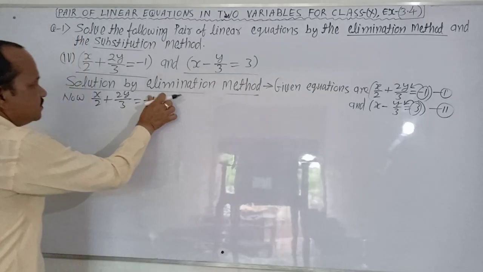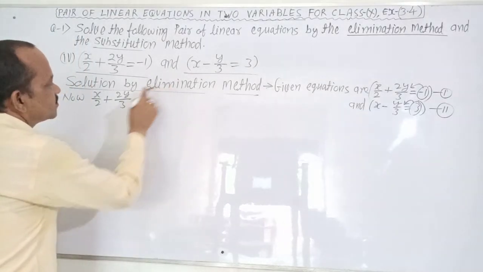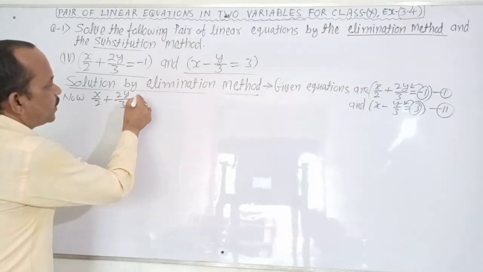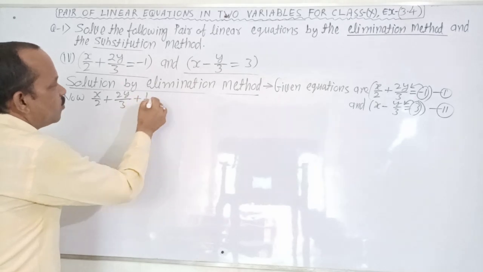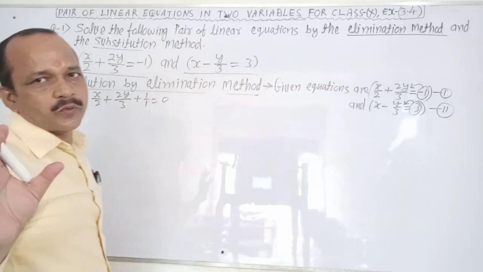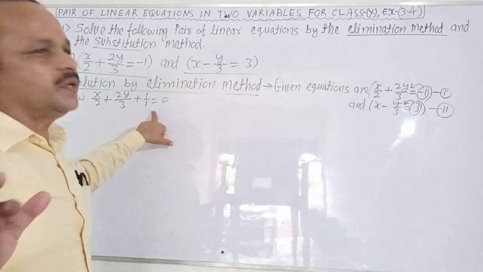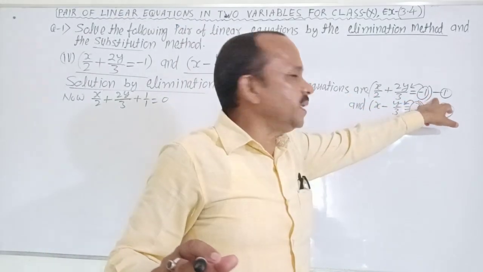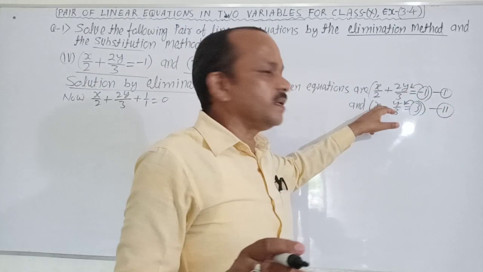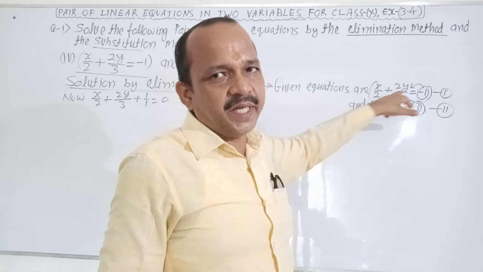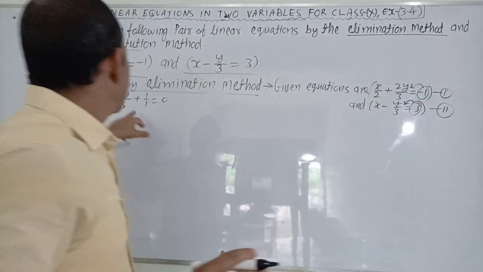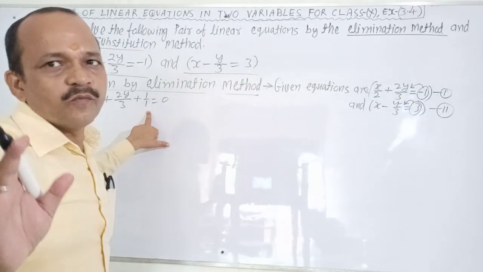It becomes plus 1 by 1 equal to 0. It is the first equation. Here minus 1, when you write it on the left side of equal, becomes plus 1. Clear? Plus 1 by 1.